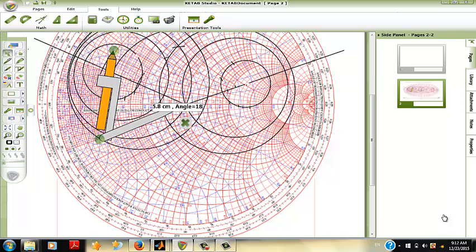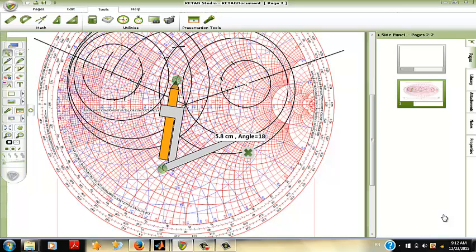We draw the center for the 3 dB circle to have the matching. Now we note that the radius is almost 0. So this point will occur the maximum output power.